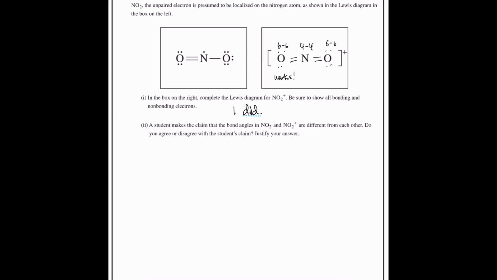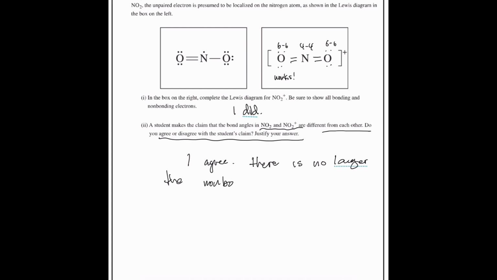And the student says bond angles are different. Yeah, they are, I agree. I'll explain it once I write this down. I agree there is no longer the non-bonded electron pair.